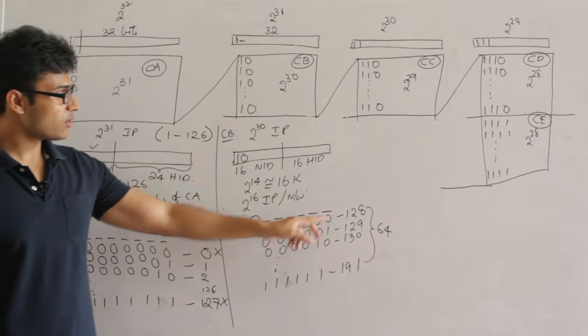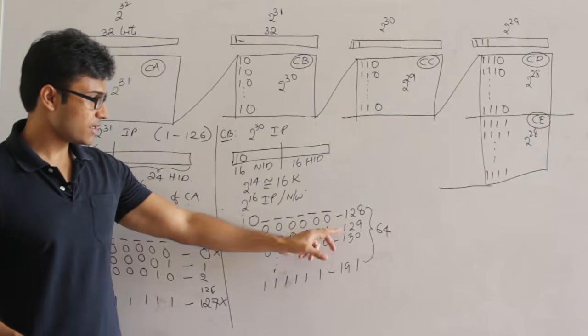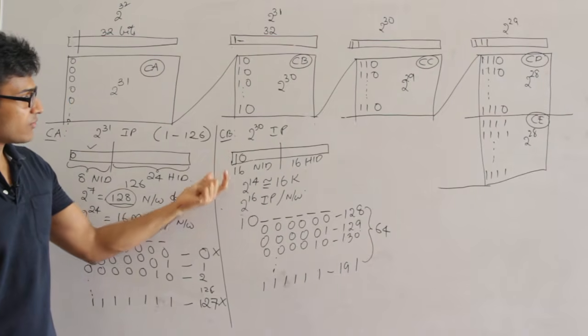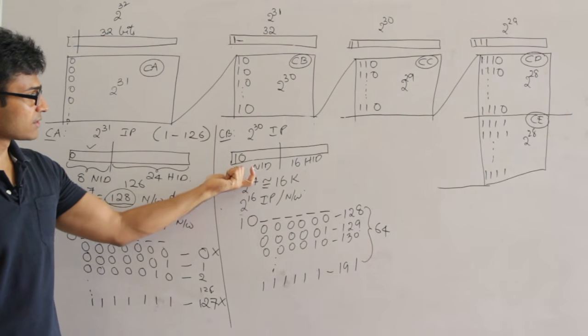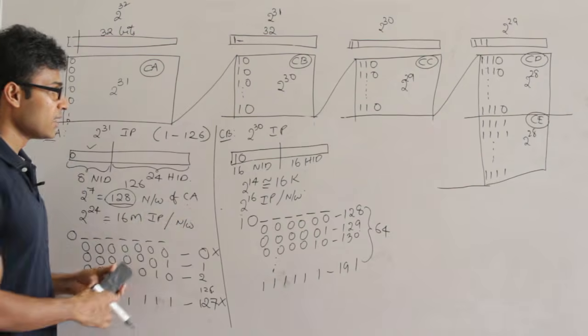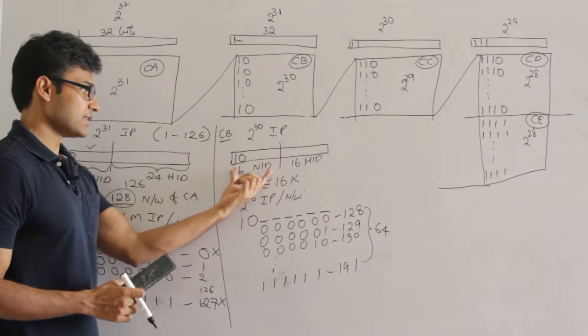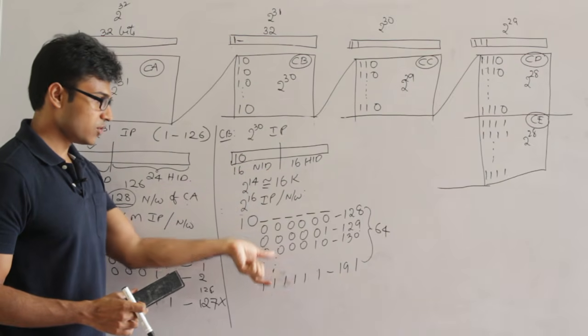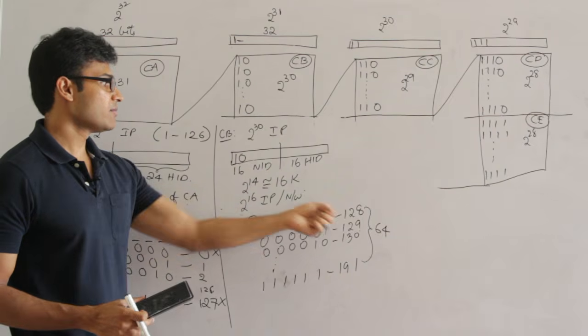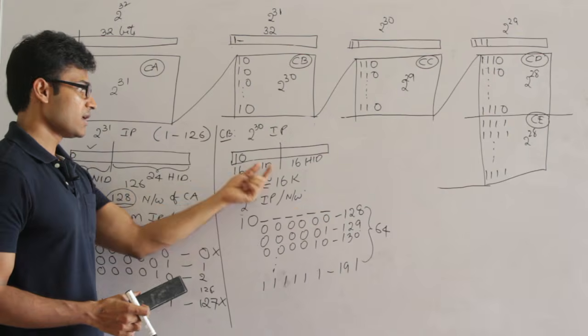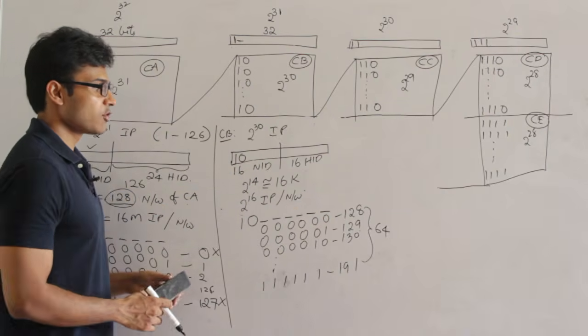We got only 64 numbers because we have examined only the first octet. There is one more octet, isn't it? The total network ID part of class B is 16 bits, but I have shown you only 8 bits here. Using 8 bits I got 64 numbers, and 8 more bits are remaining.